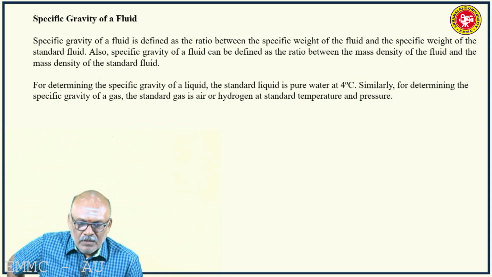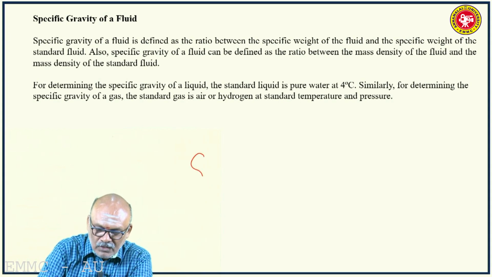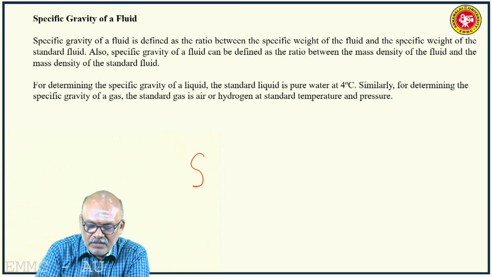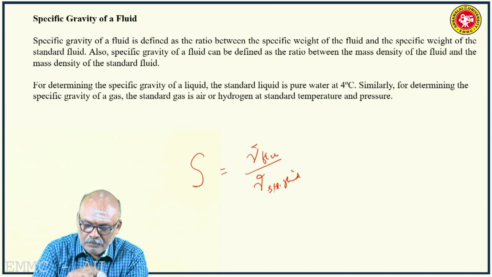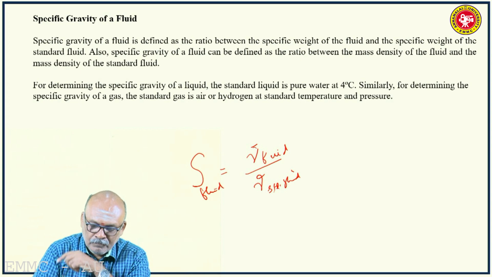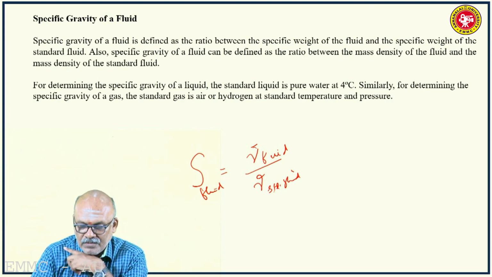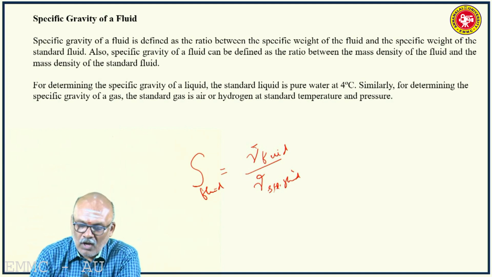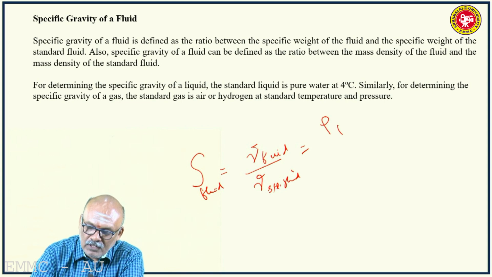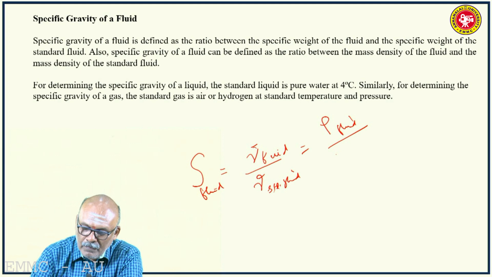Specific gravity, the notation is capital S. It is defined as the ratio between specific weight of the fluid and specific weight of the standard fluid, or it can be defined as the ratio between mass density of the fluid and the mass density of the standard fluid.